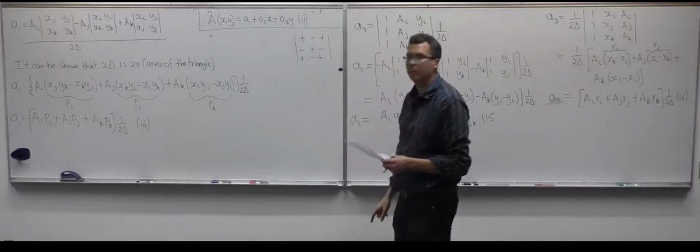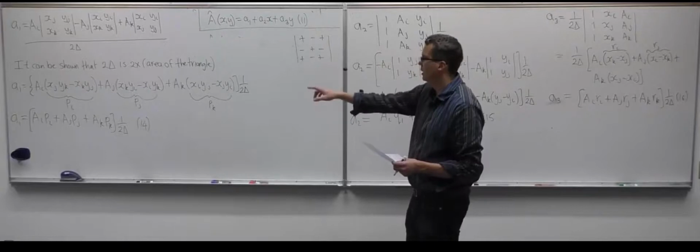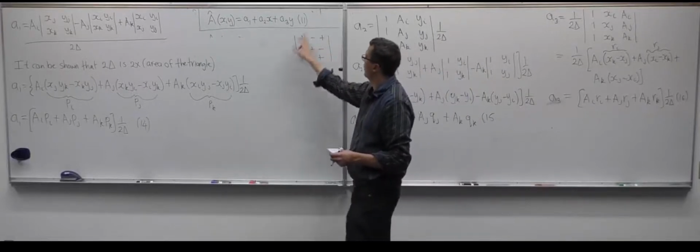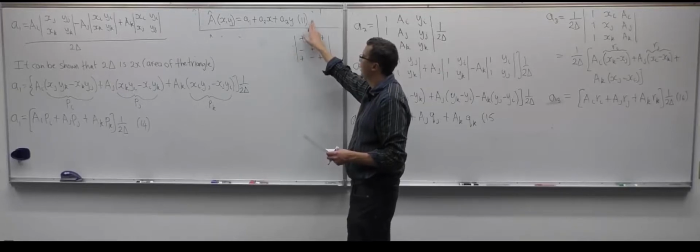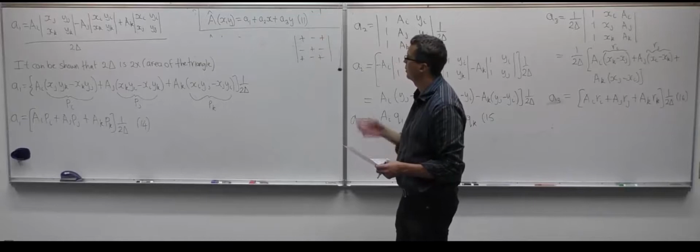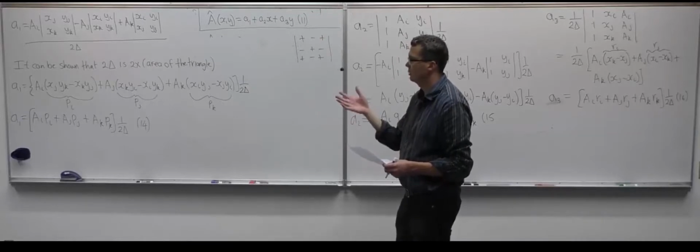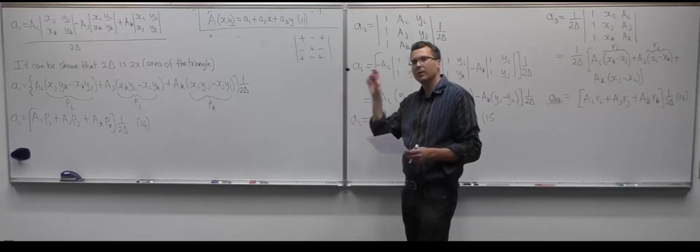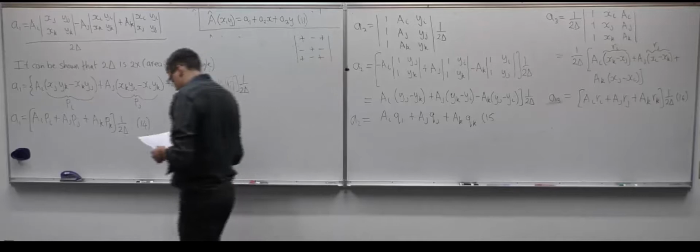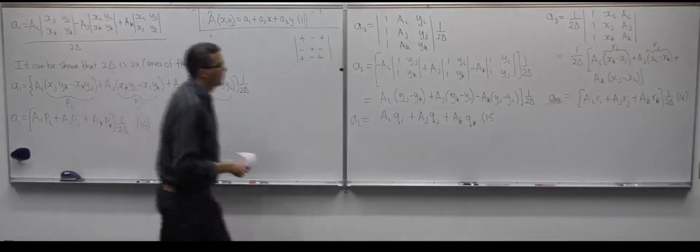So we can substitute in the unknowns now, A1, A2, A3, into 11, and we'll get out a solution to the trial function, and the solution of the trial function will be only in terms of the magnetic vector potentials plus the coordinates at the nodes of the triangle. Okay, so let's do that.